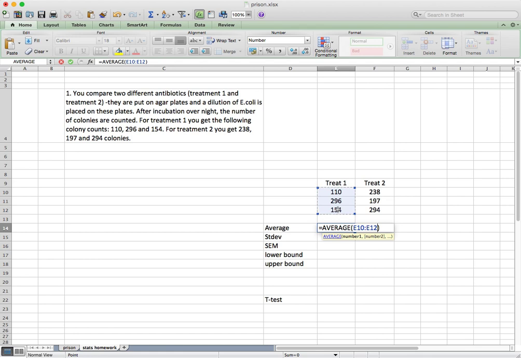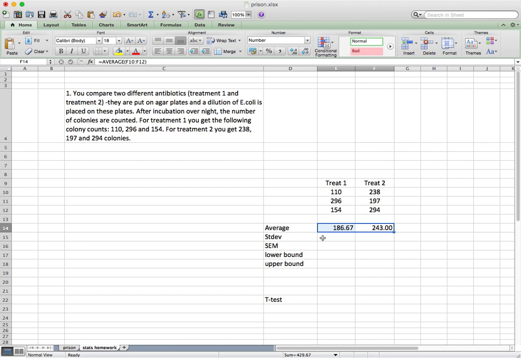We need to make sure that it is all right. So it is E10 to E12. That looks good. So we get 186.67 for treatment 1, and for treatment 2 we just drag that over here and we get 243.